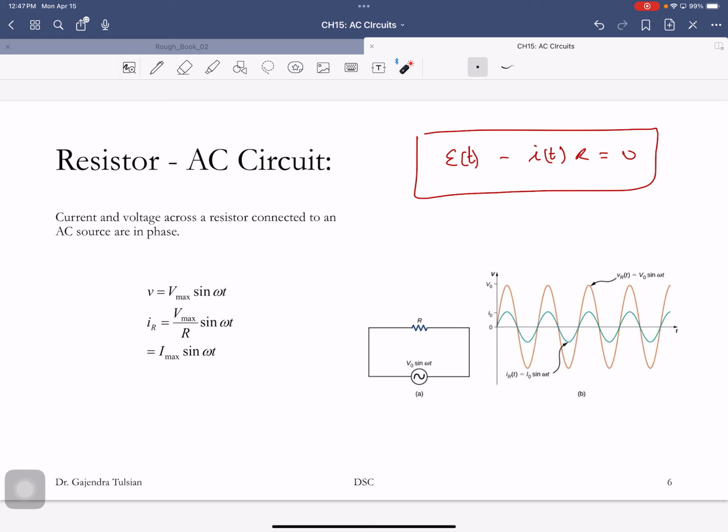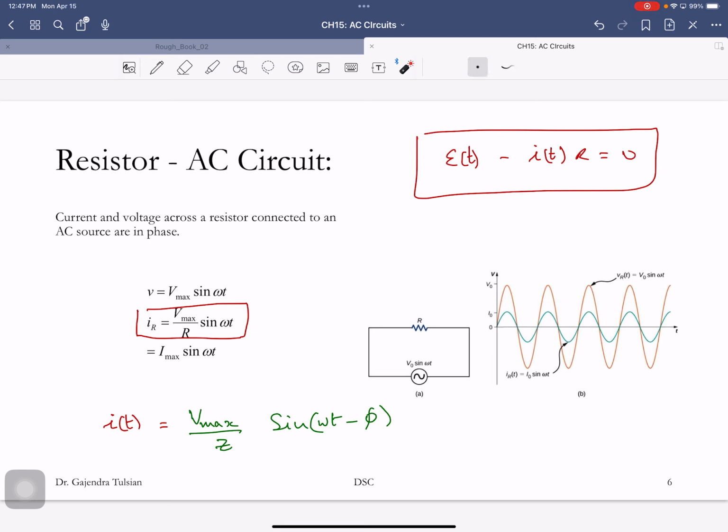Here is the functional form of I. I(t) is V max over R times sine omega t. So here's your expression for the current, and compare this to our general form, V max over Z sine of omega t minus phi.